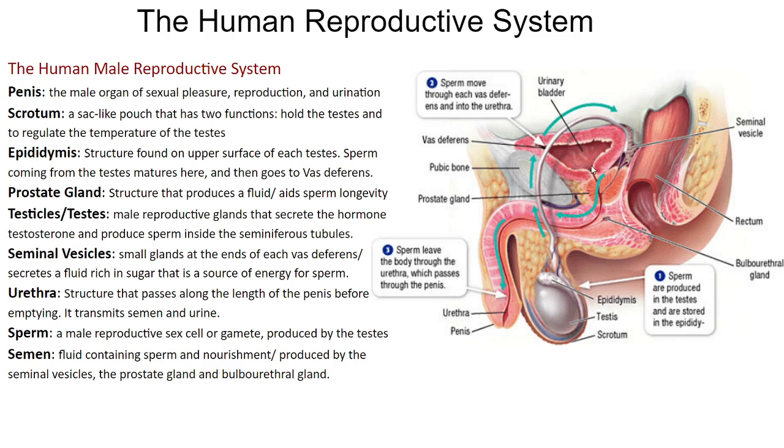From the bladder, the urine can be emptied. This is a muscle right here. This muscle controls and allows you to hold the urine in the bladder until it's time to be released, and then it comes out.